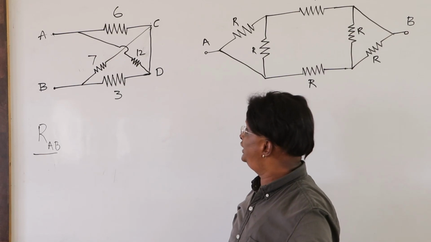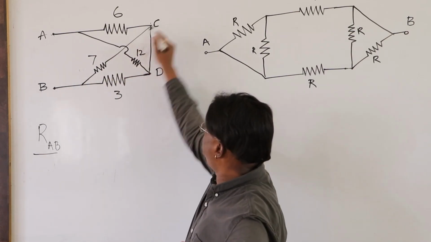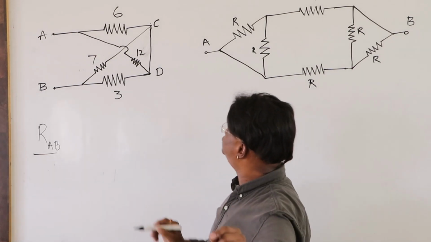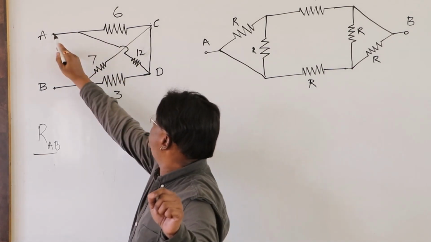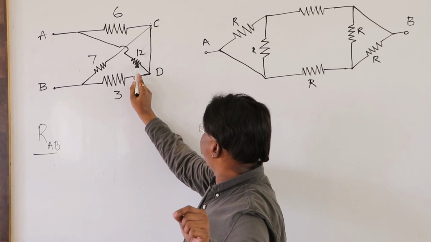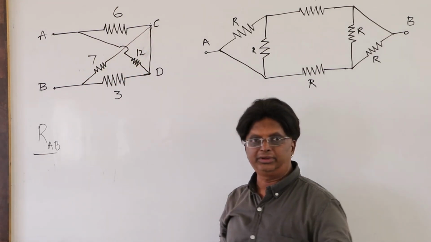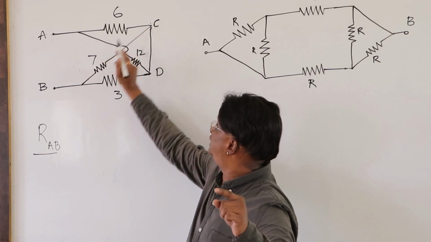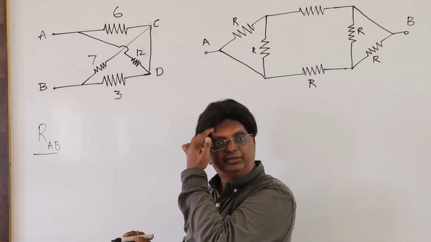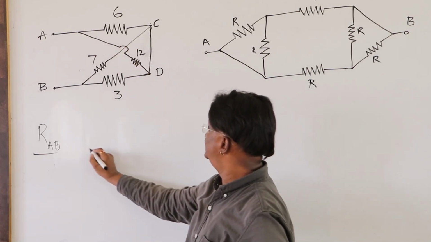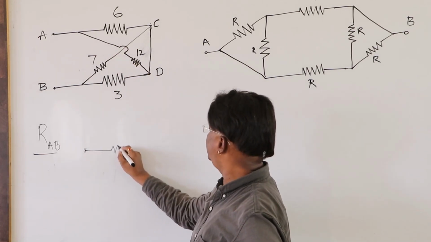Similarly, now BC and BD will also be the same. That is to tell you that 6 ohms is across AC and this 12 ohm is also across AC. Got the point? This is the 6 and 12.